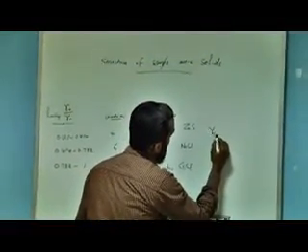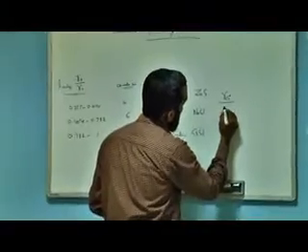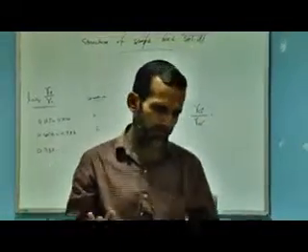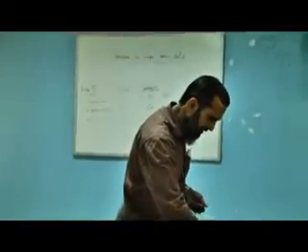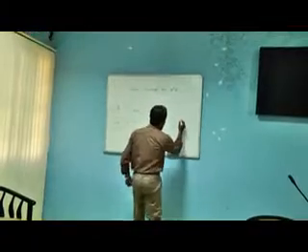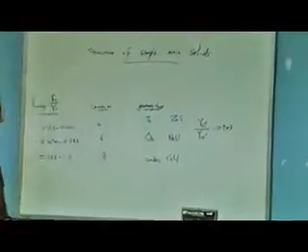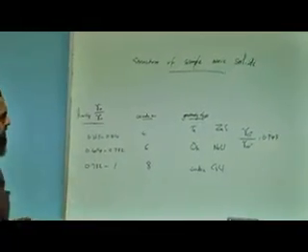Radius of cesium to that of chloride is nearly 0.9, nearly 1. It is 0.943. So cesium is roughly as big as chloride.